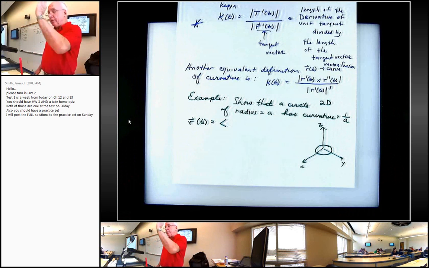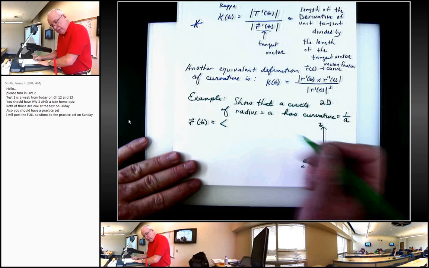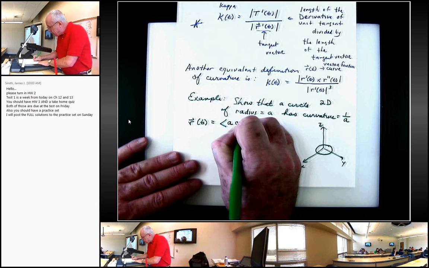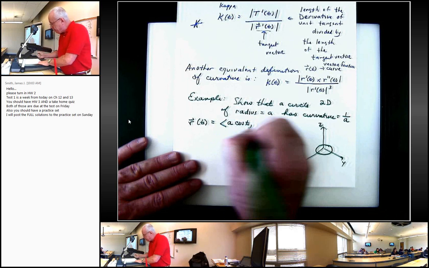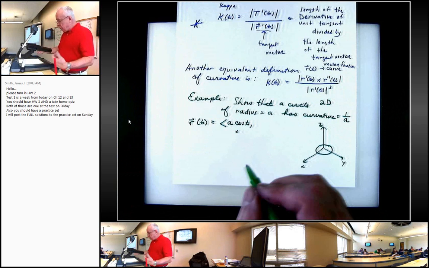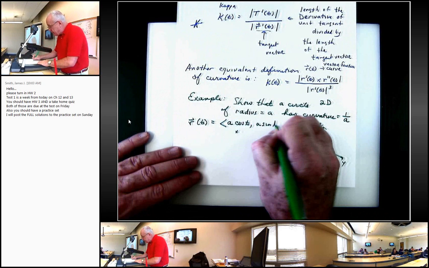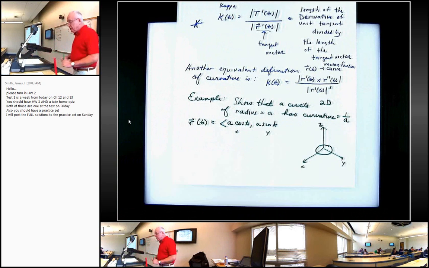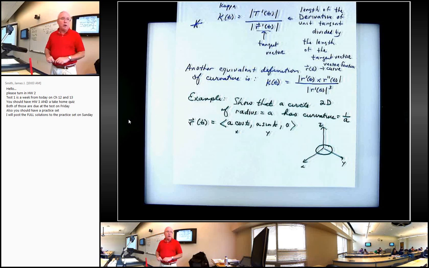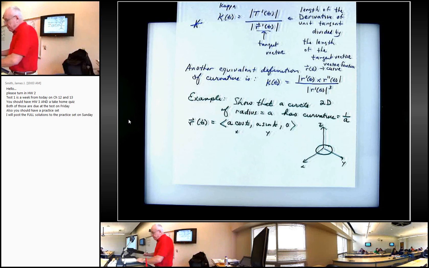The Z component is going to be 0. So we can look at it as a times the cosine of t for the X component, because remember, we normally do cosine for the x. We can do a times the sine of t for the y component, and then the z component is 0. It's just flat on the xy plane. So this is our vector function.